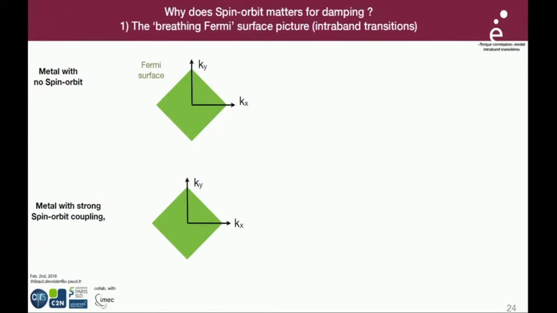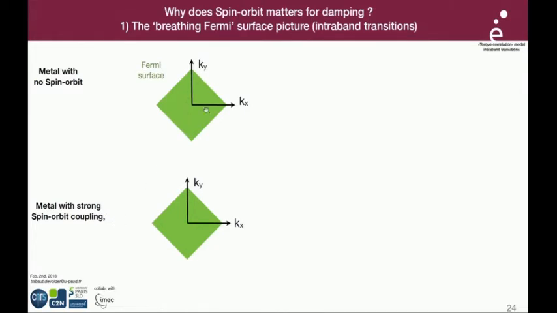So far, I only described the interband picture of Gilbert damping. There's another effect that I want to explain, which is called the breathing Fermi surface picture, where it's the intraband transitions that are responsible for damping. For this, I will consider an ideal metal with no spin orbit on the upper part and with a strong spin orbit on the bottom part.